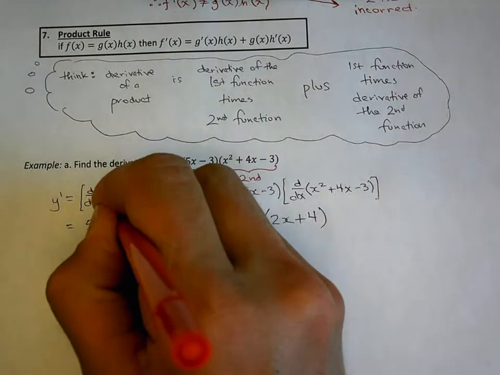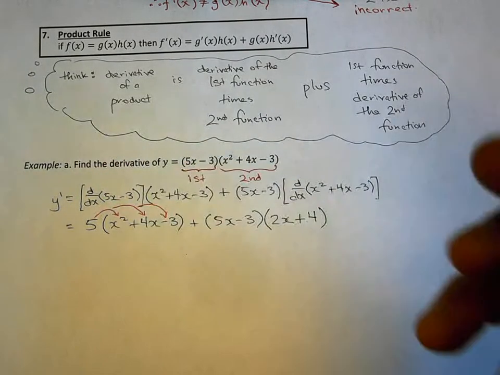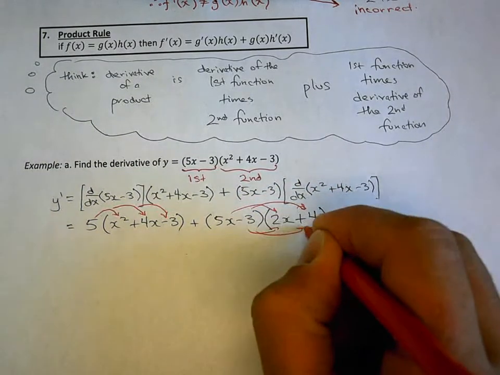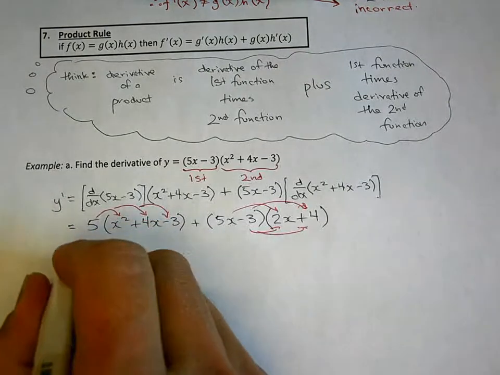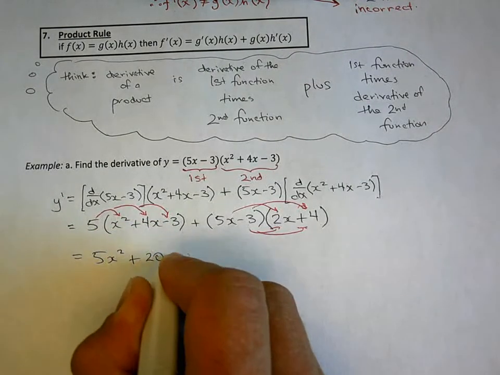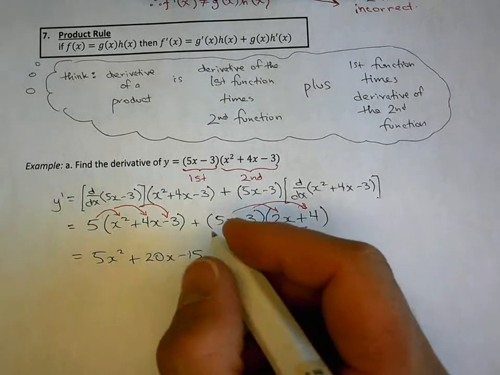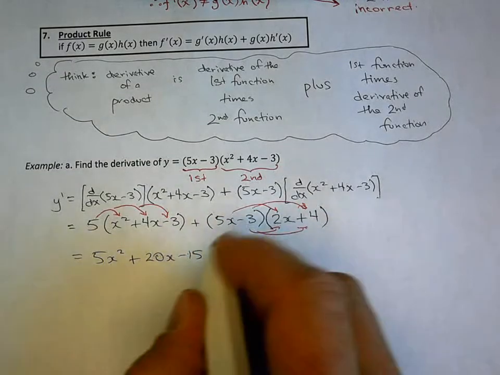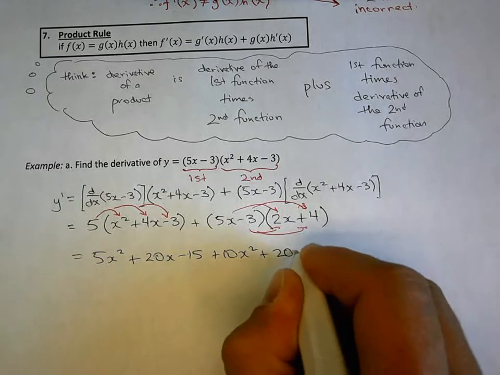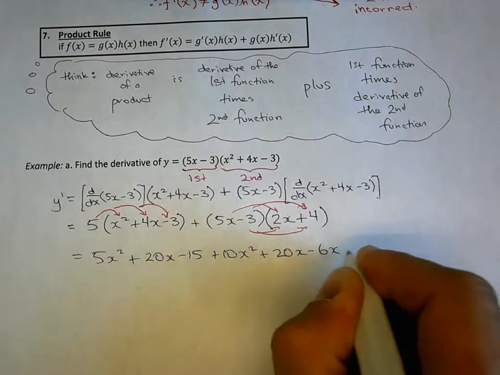Now I just need to clean up my algebra, collect like terms. This 5 gets distributed, and here we're going to FOIL, right? We're going to expand this. So I end up with 5x squared plus 20x minus 15 plus 10x squared plus 20x minus 6x minus 12.